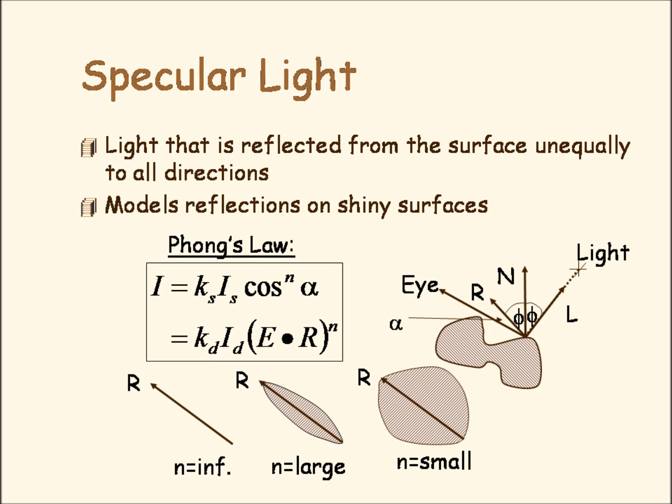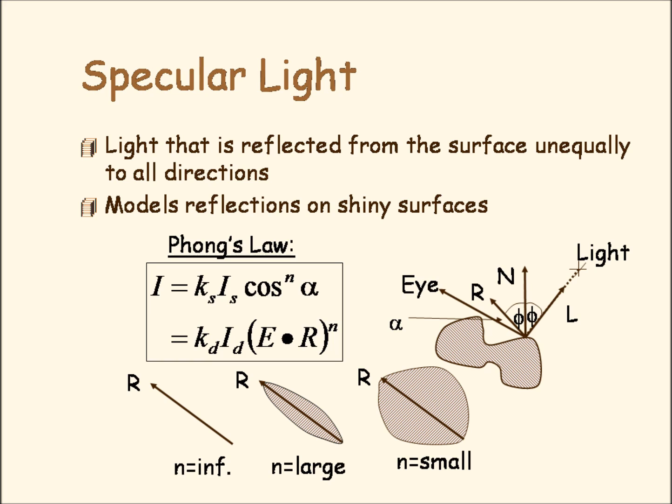If you focus on the figure, N is the normal vector and L is the light source vector. The angle between N and L is phi. R is the reflection vector, and an E vector is also generated. The angle between R and N vector is phi.